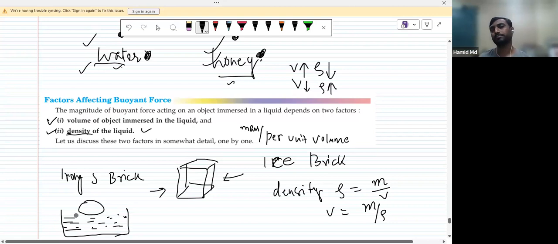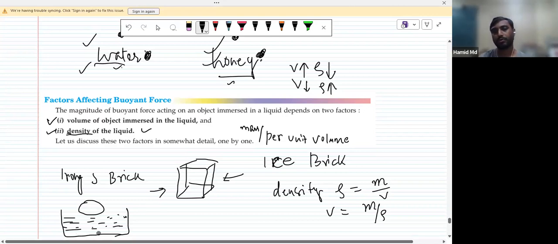What will it do? It will float. Now fill the same balloon with sand or pebbles, which have more density than water. What will happen? It will sink. So this is because of density.